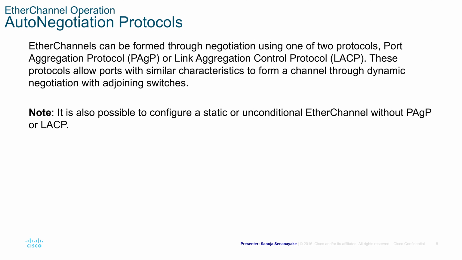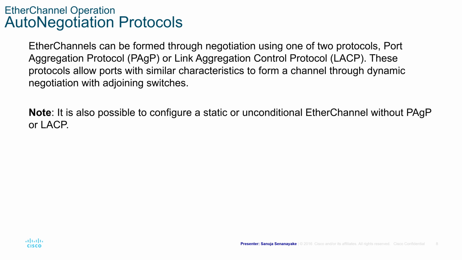Auto negotiation protocols. EtherChannel can be formed through negotiation using one of 2 protocols. One is the Port Aggregation Protocol, also known as PAgP, and the other option is the Link Aggregation Control Protocol, also known as LACP. These protocols allow ports with similar characteristics to form a channel through dynamic negotiation with adjoining switches.